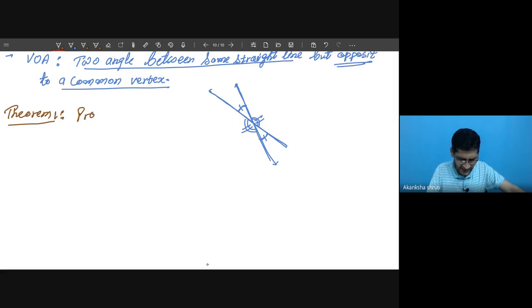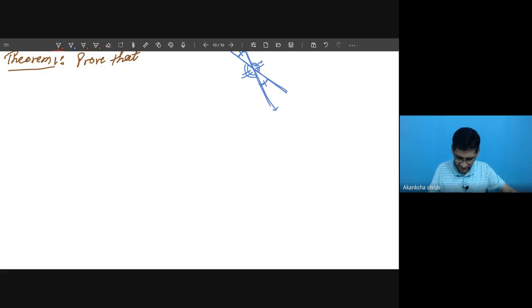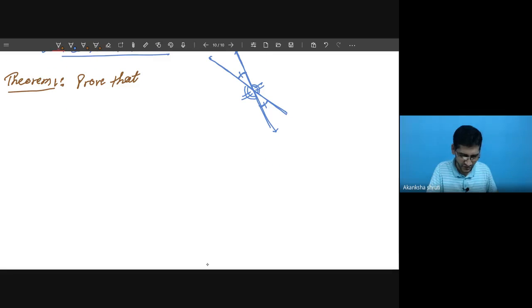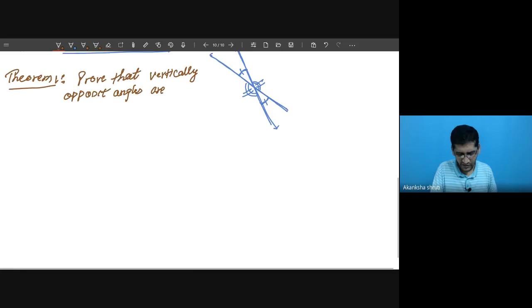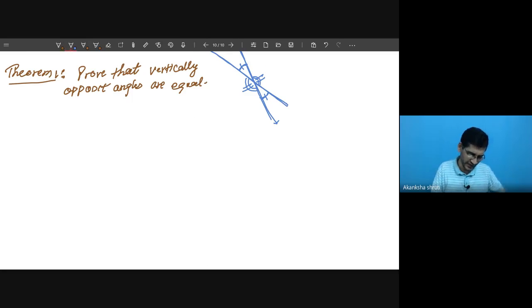So prove that vertically opposite angles are equal. This we have to prove. Student, in geometry you have to prove this.